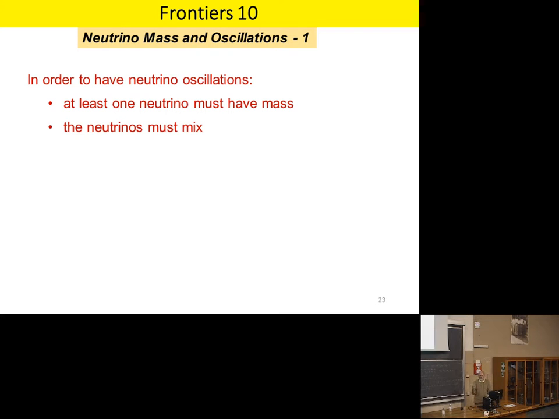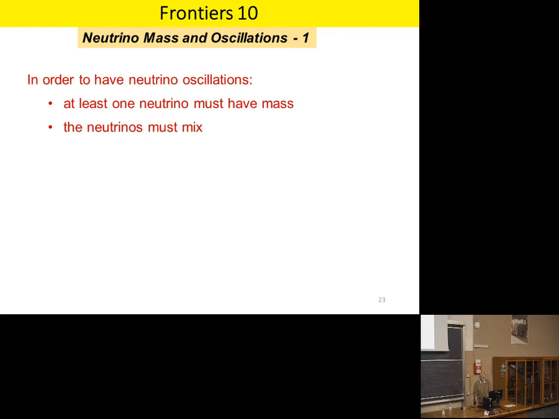So at least one neutrino has to have mass. We think, but we don't know, that all of them will have some finite mass. We're not sure of that. Next week, when I talk about future experiments, I'll show you the limits now on the mass, and the ambitious project to determine what the lowest mass of a neutrino is, which is being done in Germany.